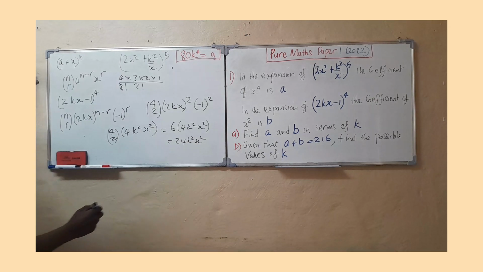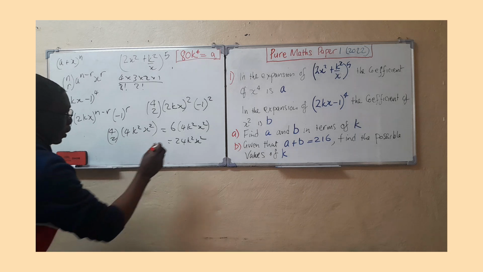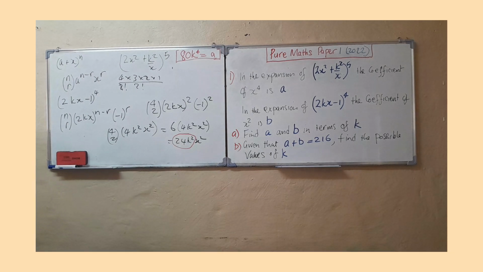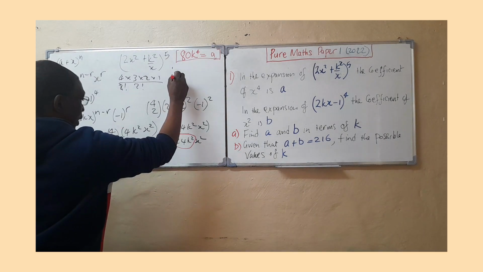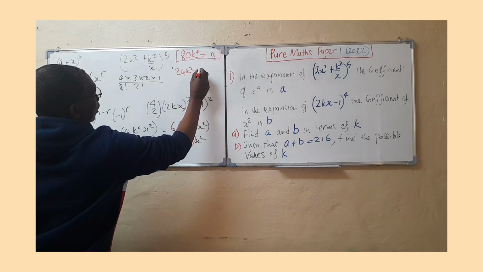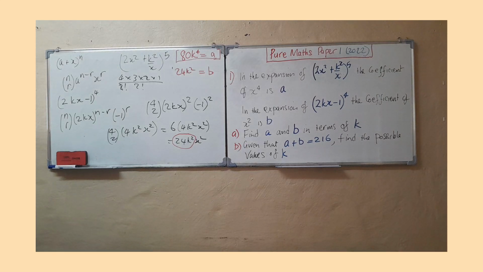What are we told? We are told that this coefficient here, the coefficient of x squared, is equal to b. So straight away we can say 24k squared is equal to b. So we've answered the question, because the question was saying find a and b in terms of k.